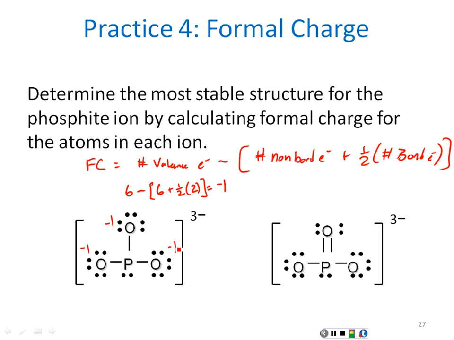The way I like to think of formal charge, I don't usually remember this equation. The way I think of it is you assign the non-bonding electrons to that atom, so that would be 6, and then you cut the bond in half, so that would be 7 total electrons for that oxygen atom.